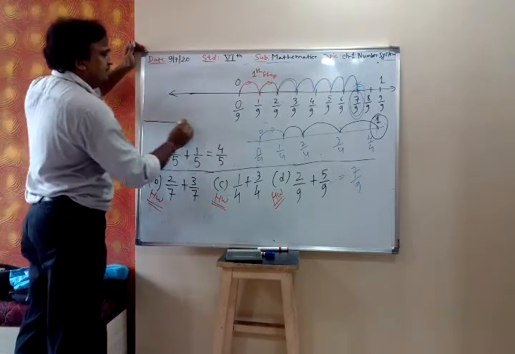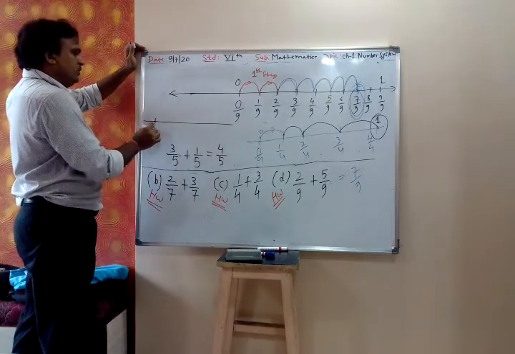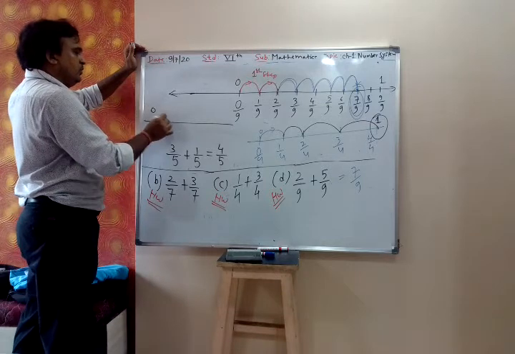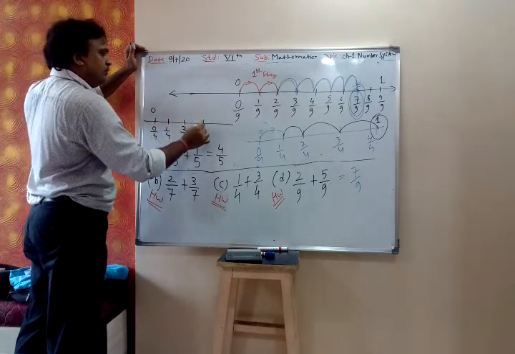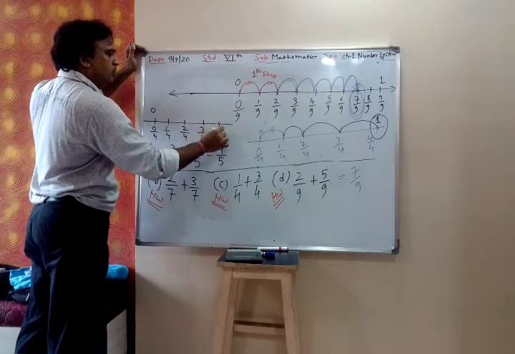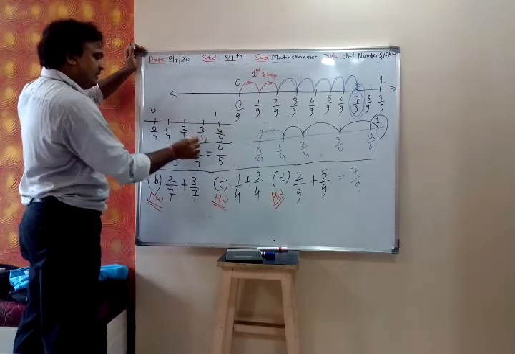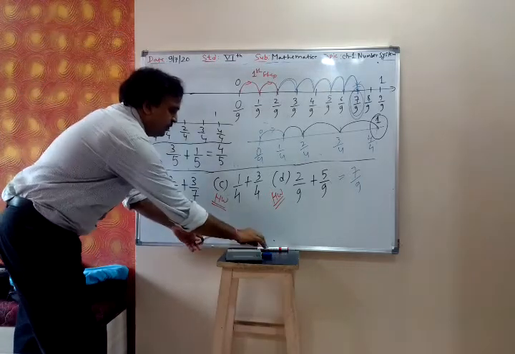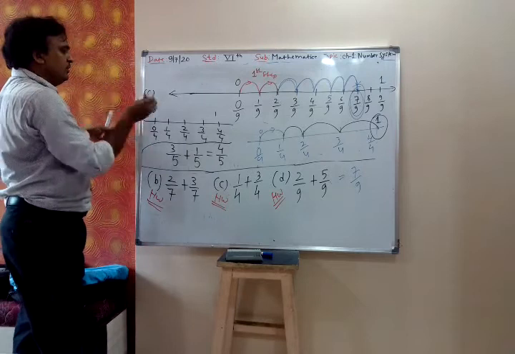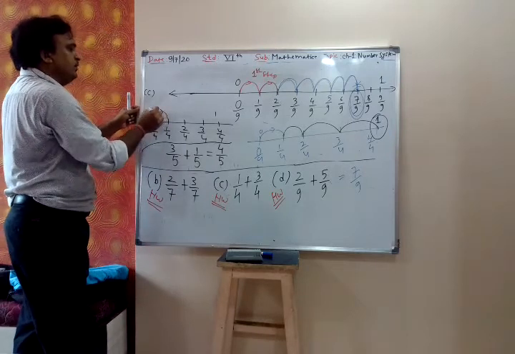Now see the C part. 0 upon 4, 1 upon 4, 2 upon 4, I am writing there. 3 upon 4, 4 upon 4. 4 upon 4 is 1. Then how you will represent 1 upon 4? I will move 1 step to the right.